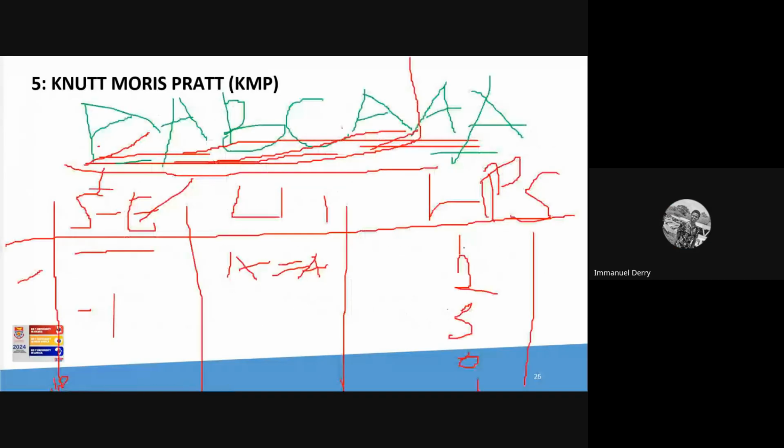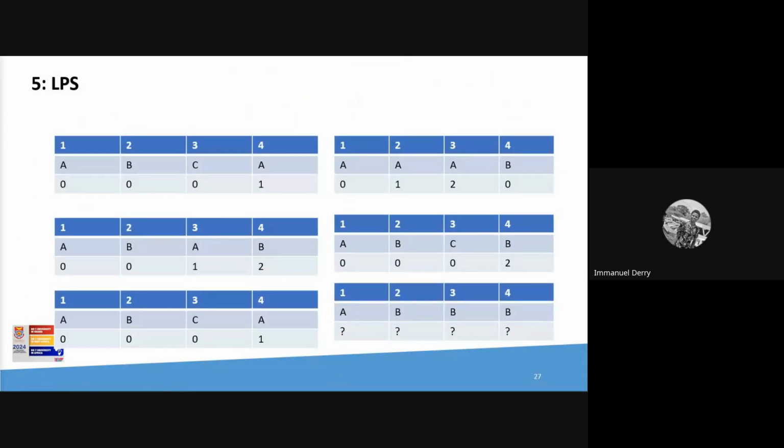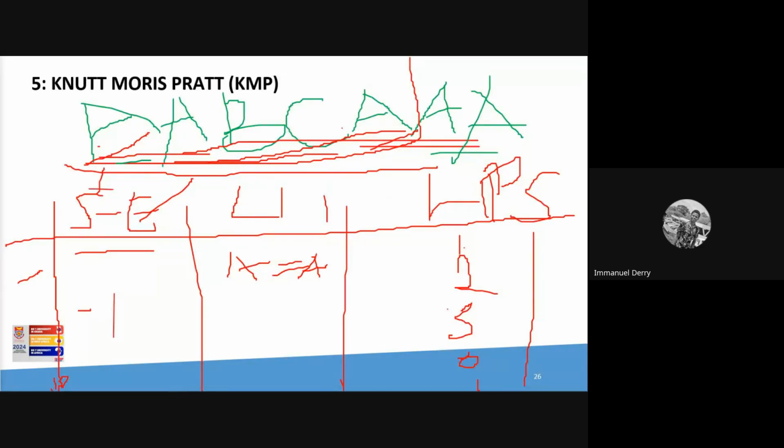All right, so that is how we compute the LPS for the KMP algorithm, and these are some samples that we can get as well. So with this, the computer will now compute the match in the values using the LPS instead of going back and forth.